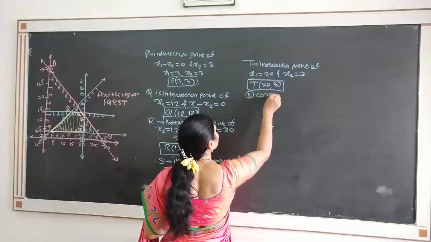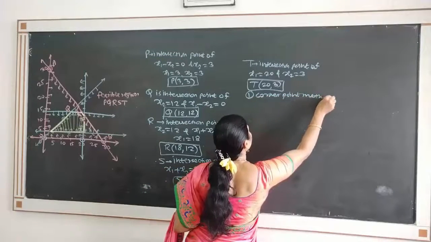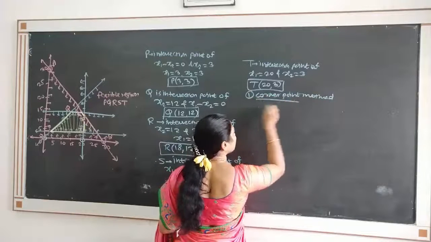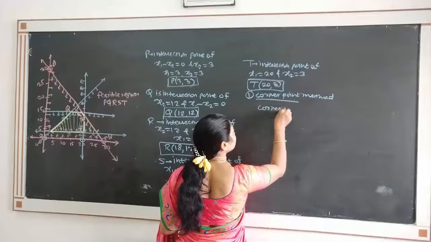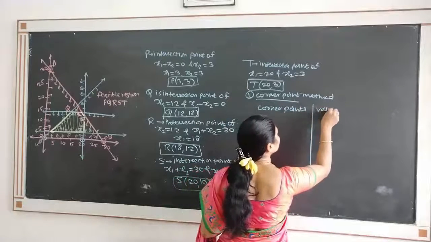Once you get coordinates of all corner points P, Q, R, S, T, in the first method, that is the corner point method, we will find the value of the objective function at all these corner points. So see the corner points and the value of the objective function.